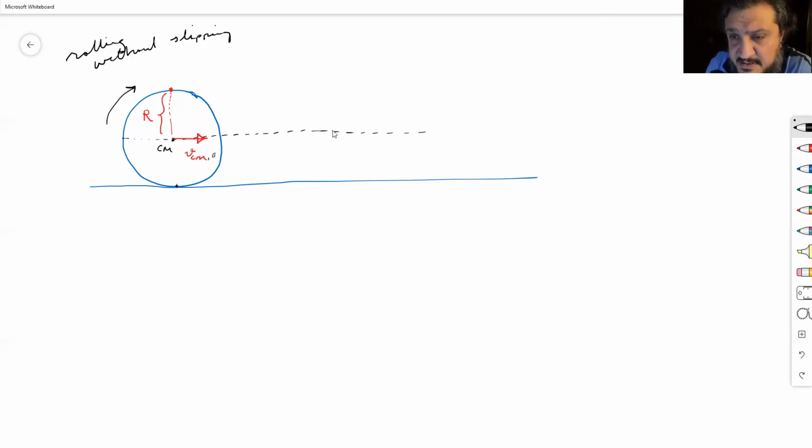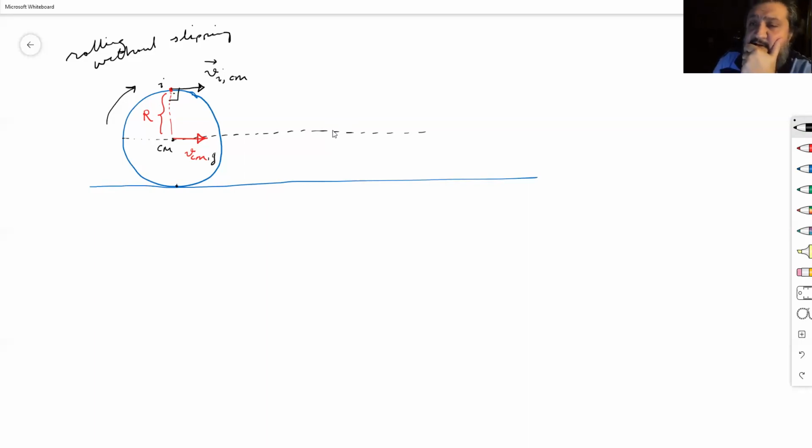VCMG, this was, and then now we have this here, which is VI, we're talking about the ith particle here, right? With respect to center of mass. How do I know it's pointing to the right? Because it's the top point here and it's going to be perpendicular to the radius. That's why it's pointing to the right.